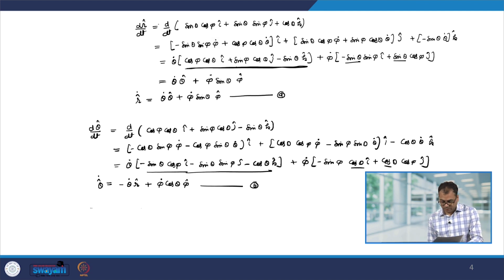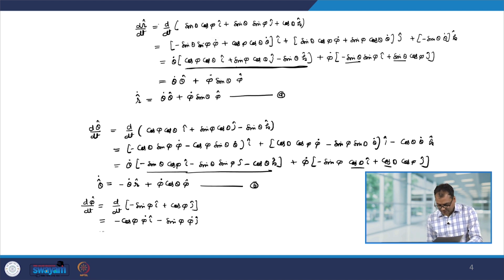Now, let us calculate d phi cap over dt, and it is d over dt. The value of phi cap was minus sin phi i plus cos phi j. Therefore, this becomes minus cos phi phi dot i minus sin phi phi dot j, and I can take minus phi dot as a common factor.